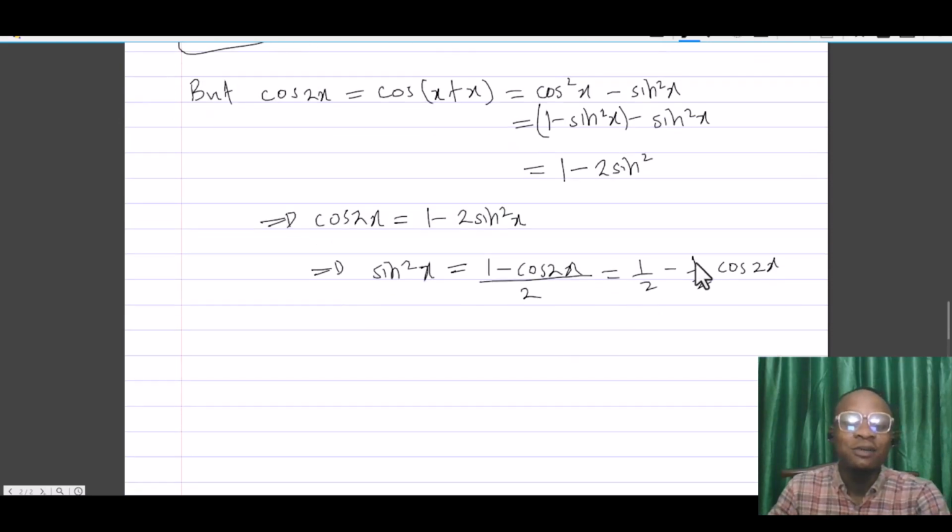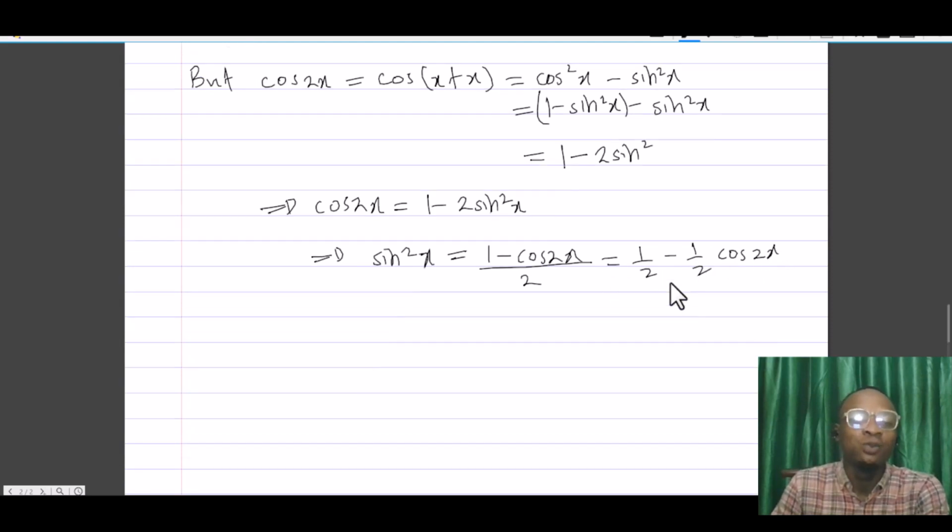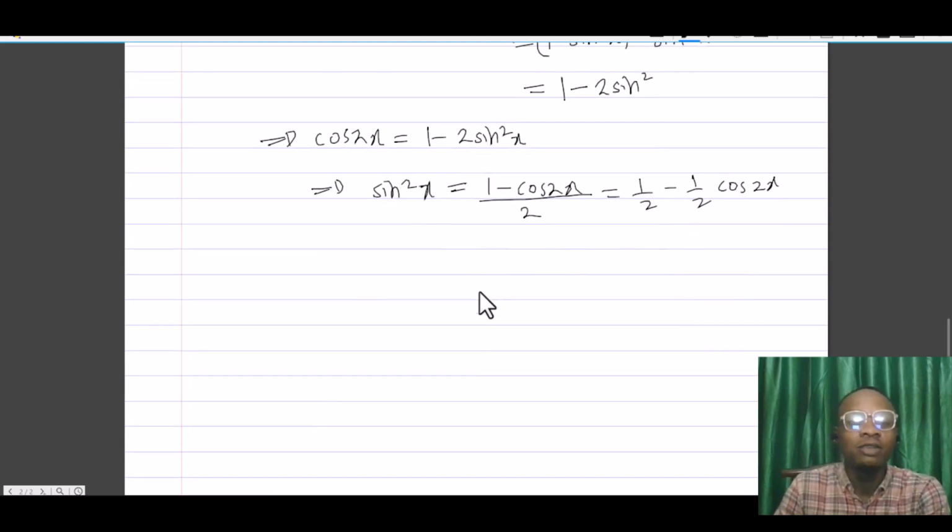That saves us from trouble because this is now a linear term carrying a trigonometric expression. So this is now cos ax, and it is still in the form to which we can apply our method of undetermined coefficients.